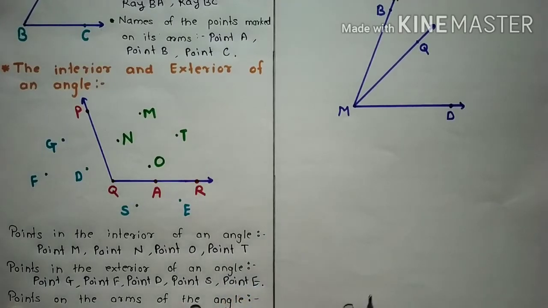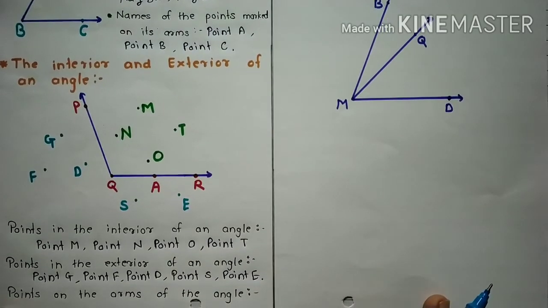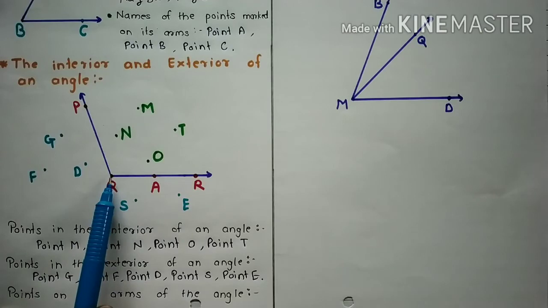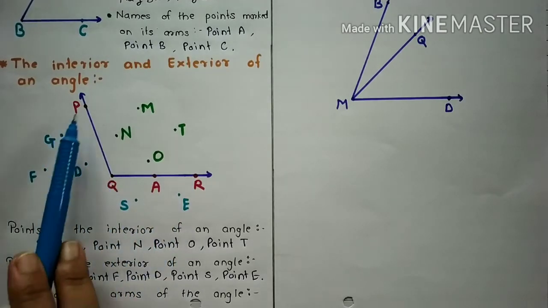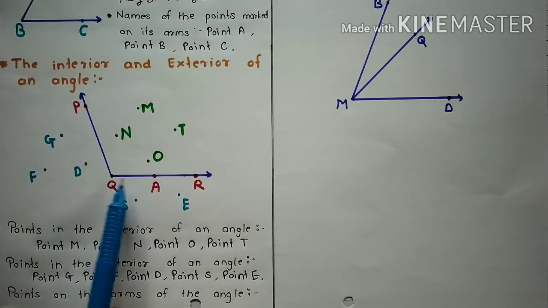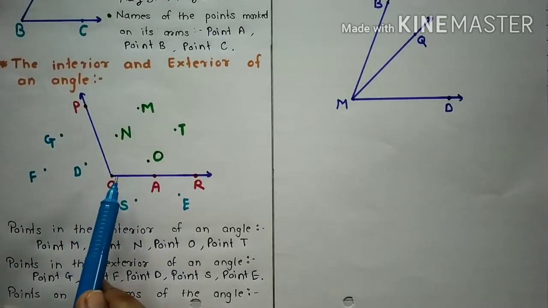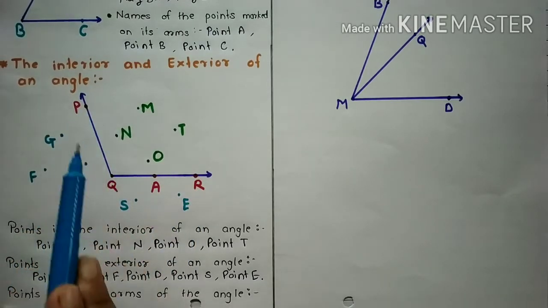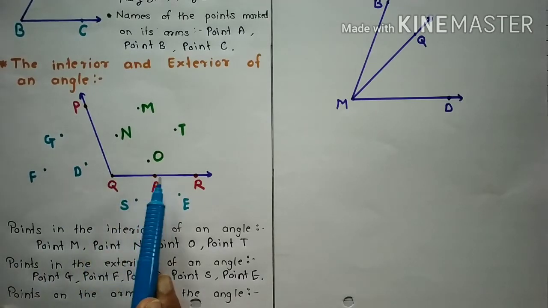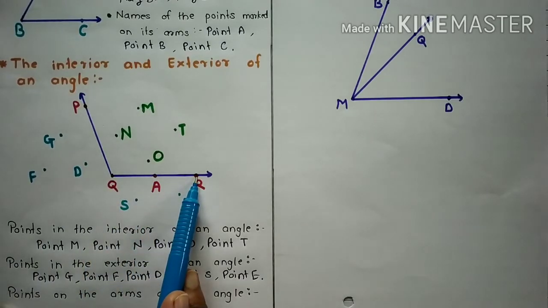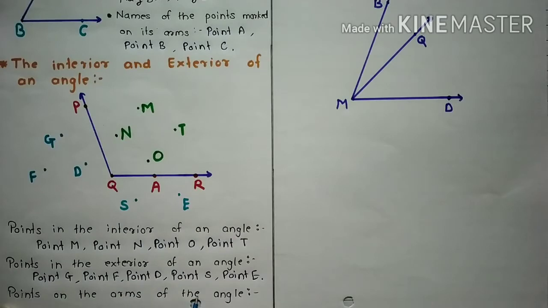And last one is points on the arms of the angle. Ray QR and ray QP are the arms of this angle. And see here, point P, point Q, point A and point R lie on the arms of the angle.